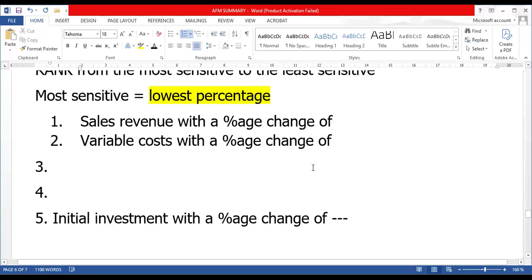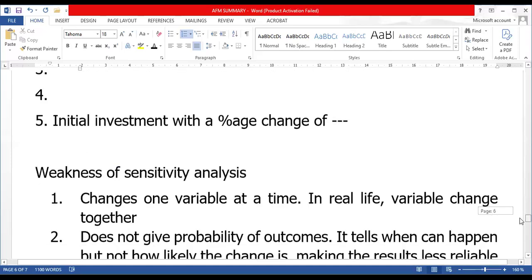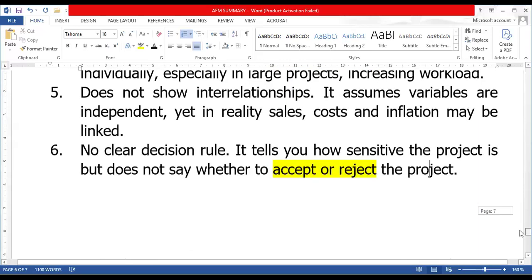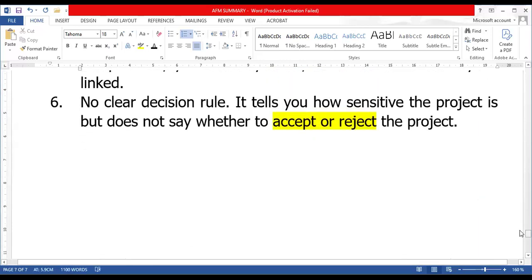The model does not tell you. It is not like NPV. NPV has a rule that if NPV is positive, accept the project, as it will add value to the shareholders' wealth.